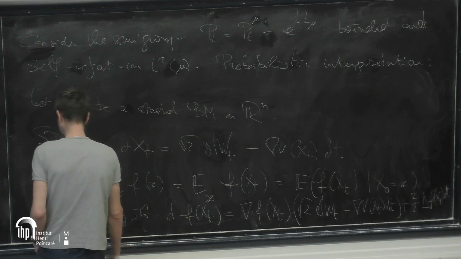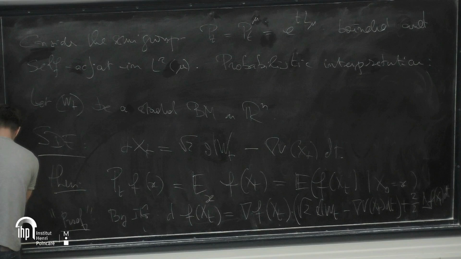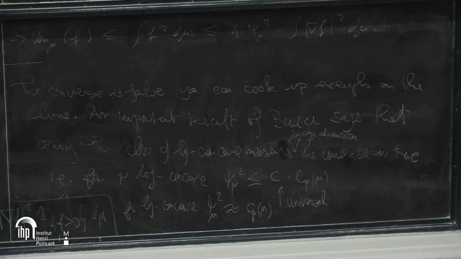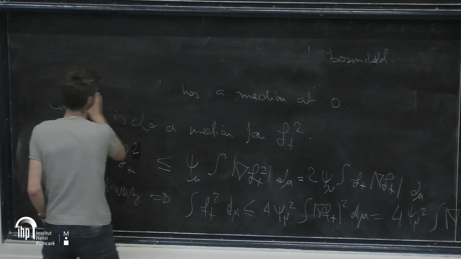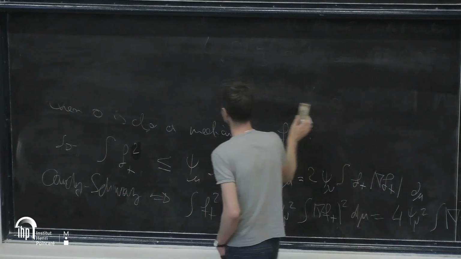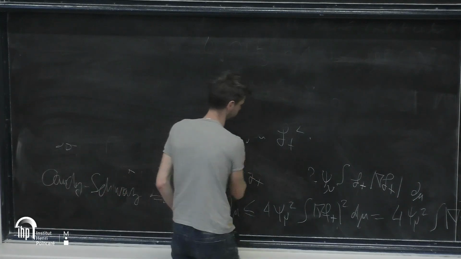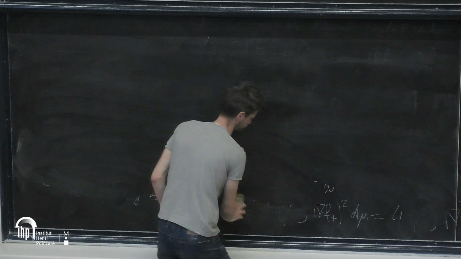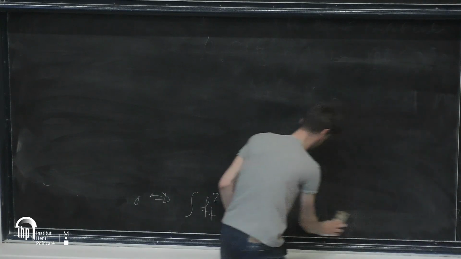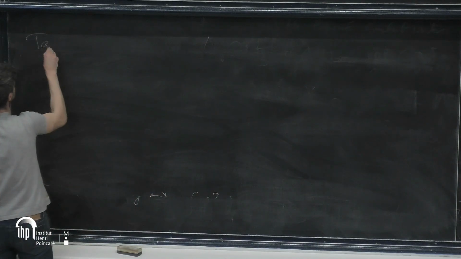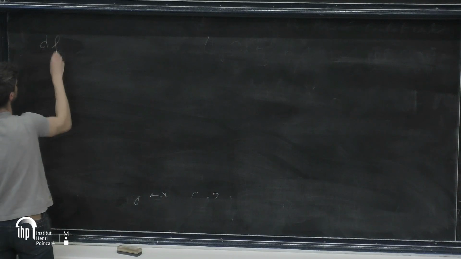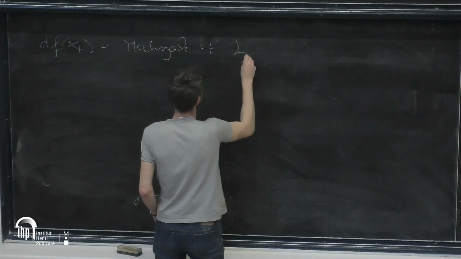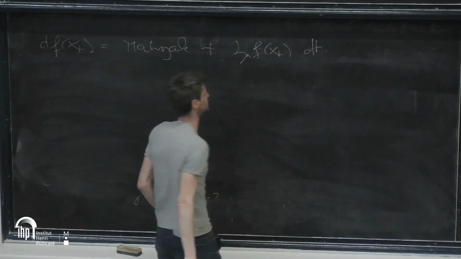And taking expectation, maybe I can write it this way: df of Xt is some martingale part plus this L mu of f at Xt dt.